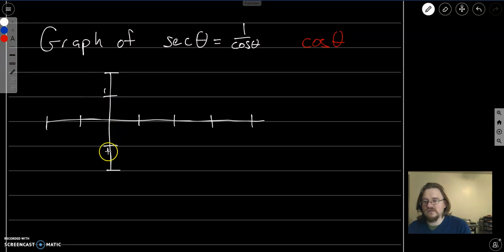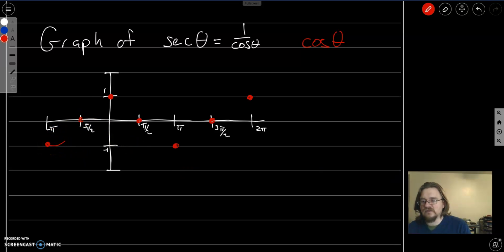So the cosine starts at 1 rather than at 0, like the sine function, and then we have pi halves, pi, 3 pi halves, 2 pi, -pi halves, -pi, and the cosine function is going to fall down to 0 at pi halves, down to -1 at pi, up to 0, back up to 1.